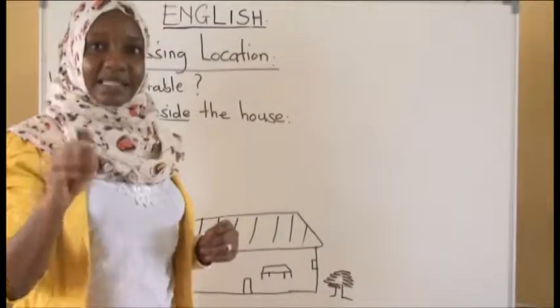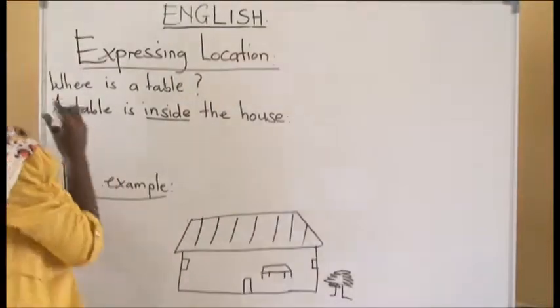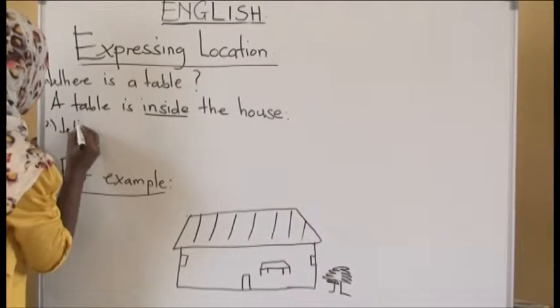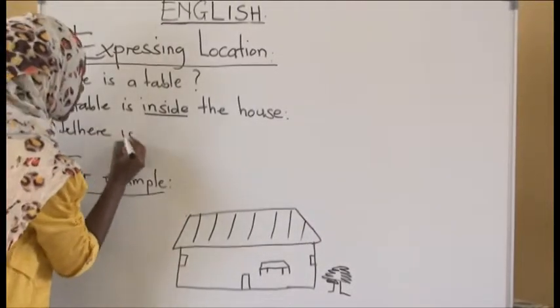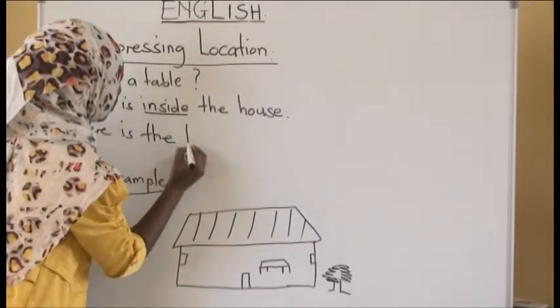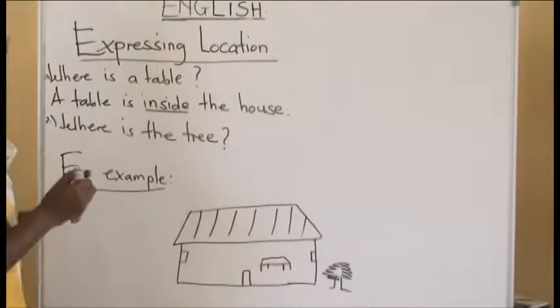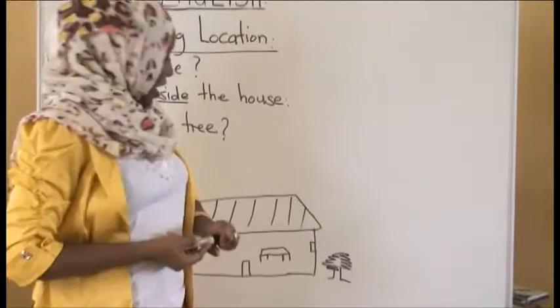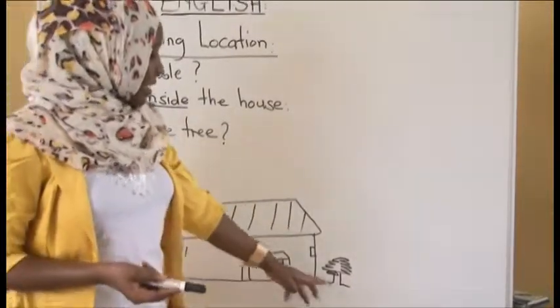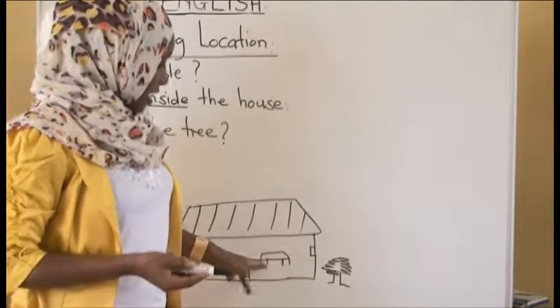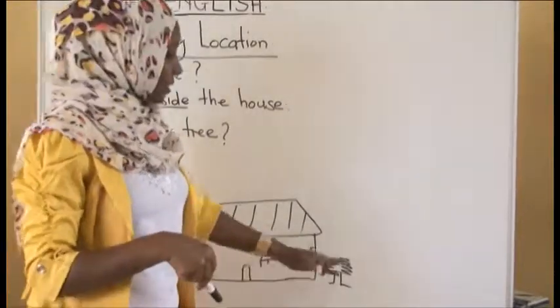And if you were to ask another question, question number 1, this is question number 2. Where is the tree? We can all see here, the tree is out of the house, and we saw the table was here. So you are asked, where is the tree?